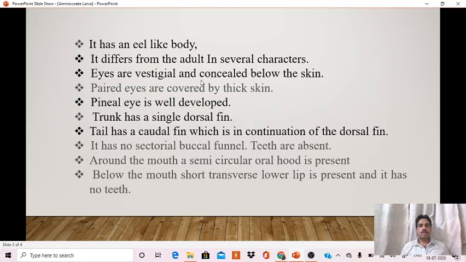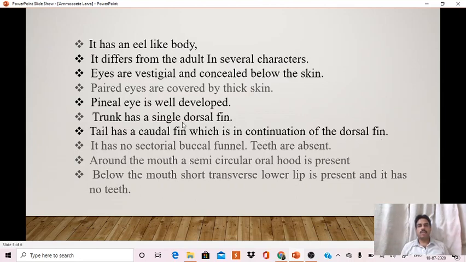So we are saying that the eyes are vestigial and concealed below the skin because it is covered by a thick skin. Pineal eye is well developed. Trunk has a single dorsal fin. Tail has a caudal fin which is in continuation of the dorsal fin.